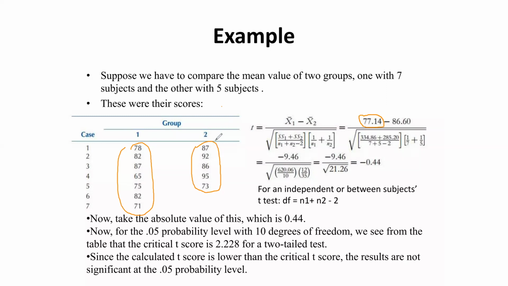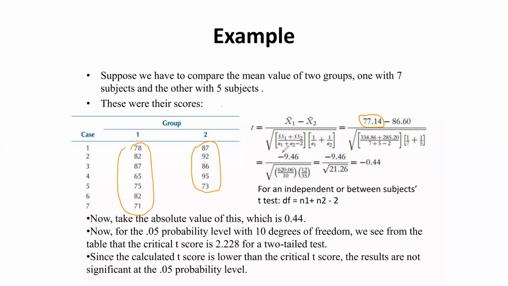And then for group 2, we do the same thing. We add all these values, which is 87 plus 92 plus 86 plus 95 plus 73, then divide by 5. We are going to get 86.60.